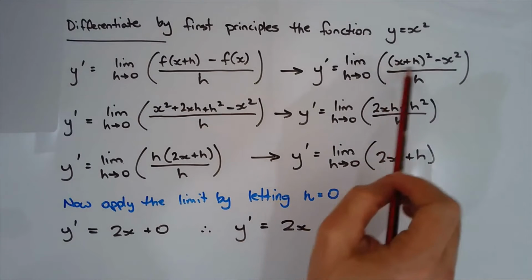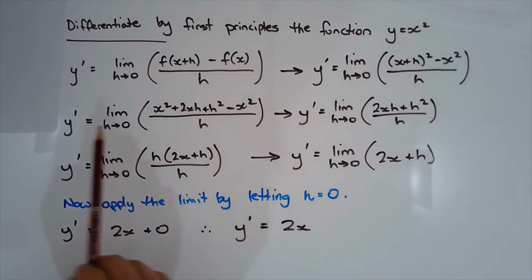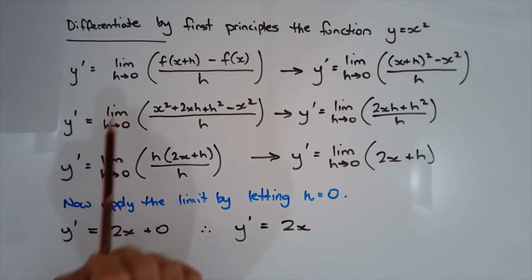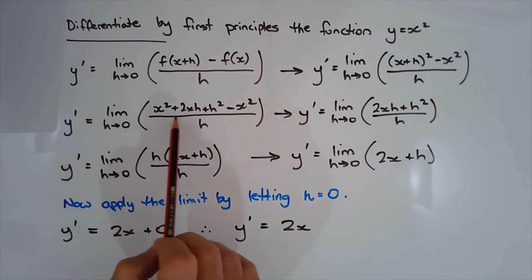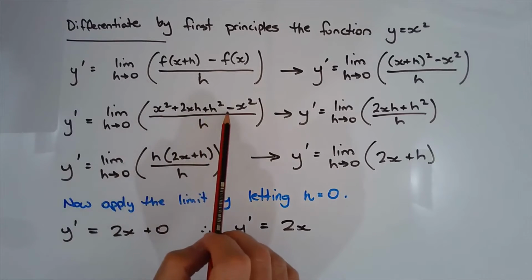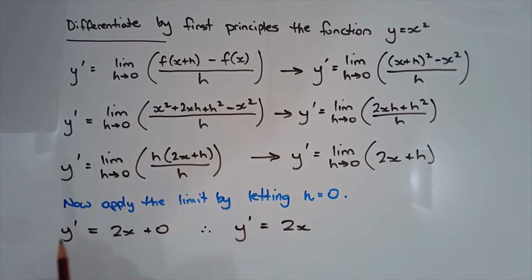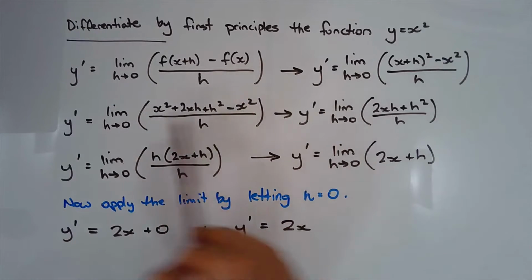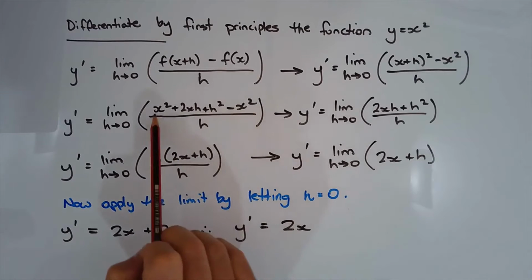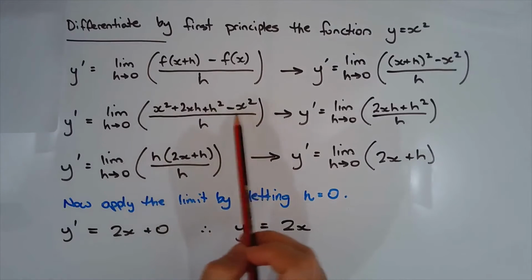Now if we expand the x plus h squared, we get y dash is equal to the limit as h approaches 0 of x squared plus 2xh plus h squared minus x squared, so that's our f of x, over h. And the x squareds cancel, so x squared minus x squared cancels to 0.